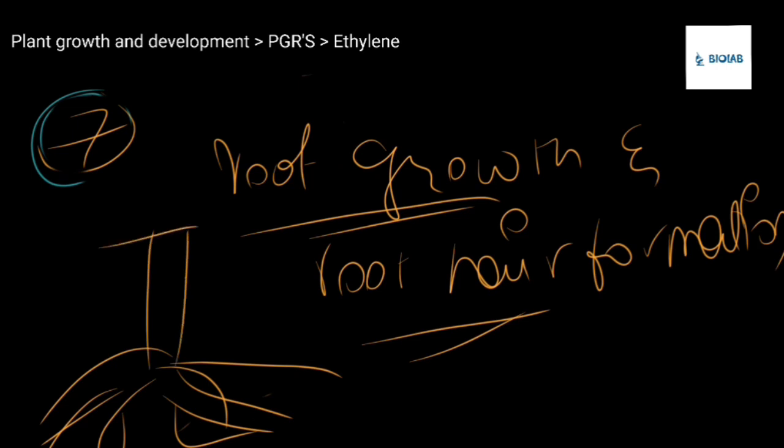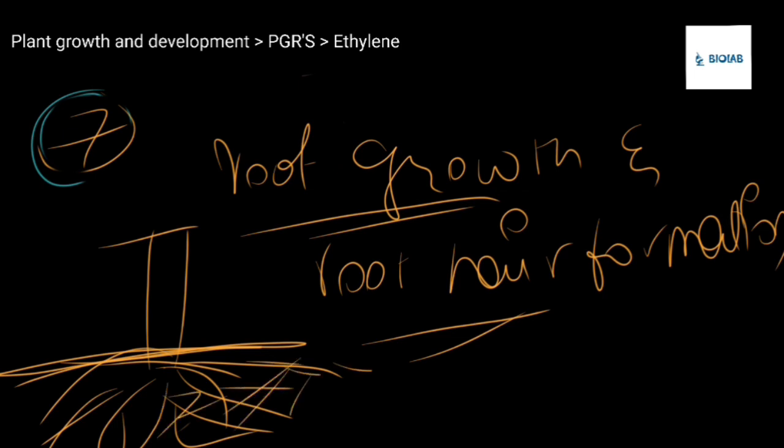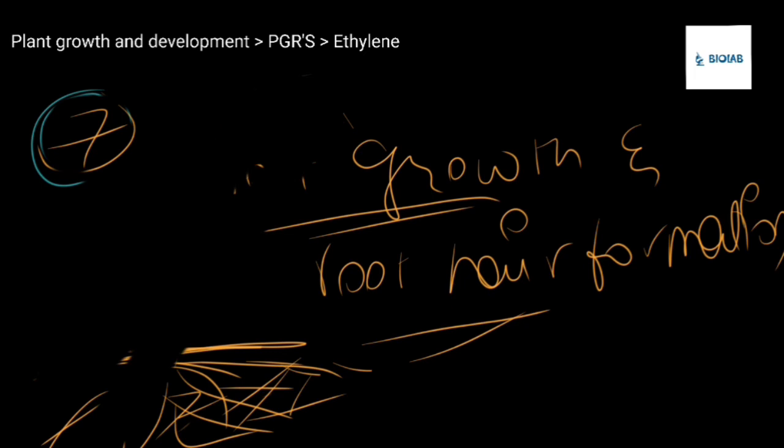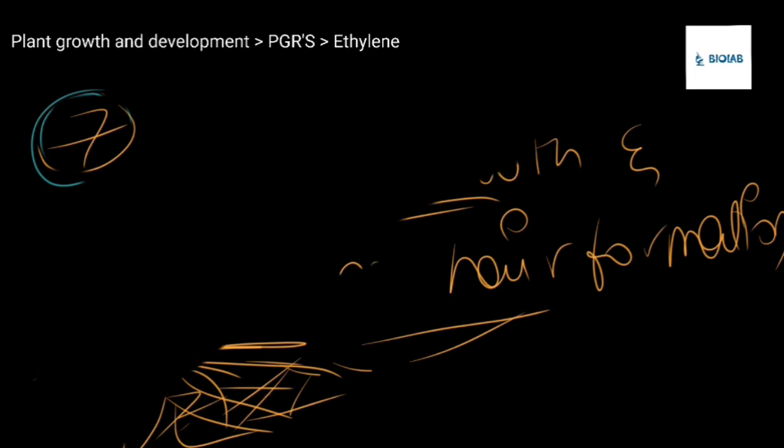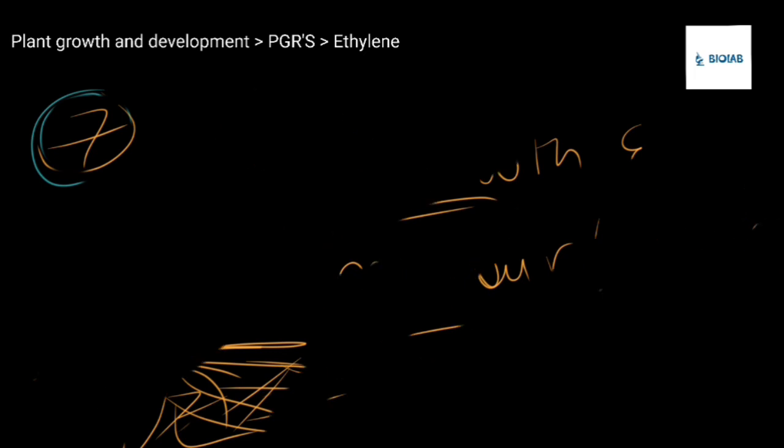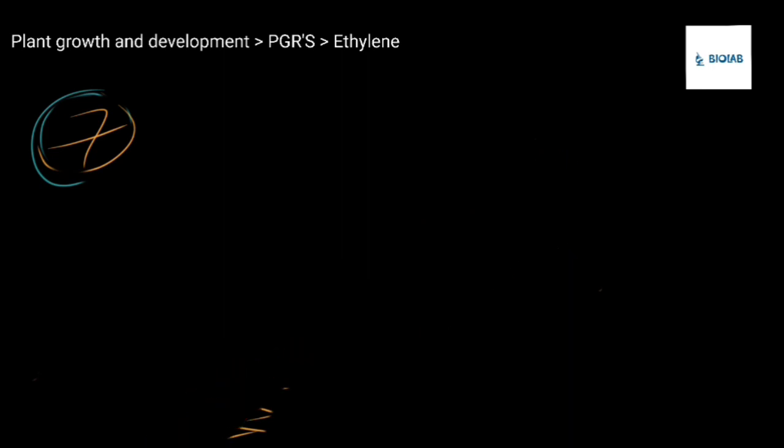This is the plant, and these are the roots underground. Now these are the root hairs. These are largely produced due to ethylene, and it increases surface area for absorption of water and minerals from the soil. Okay, root hair formation and root growth, ethylene helps.